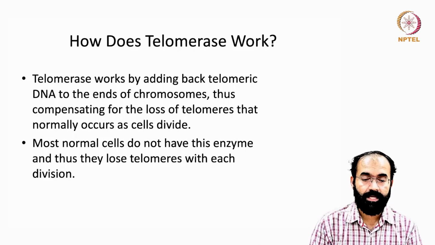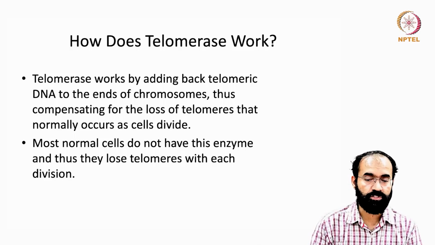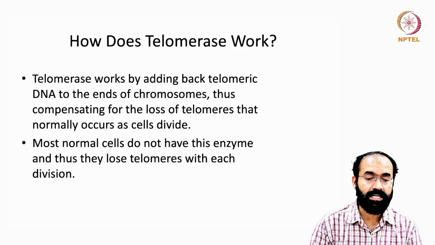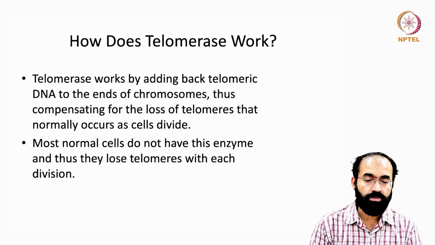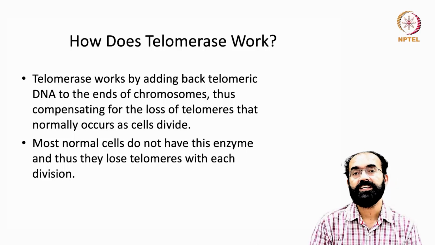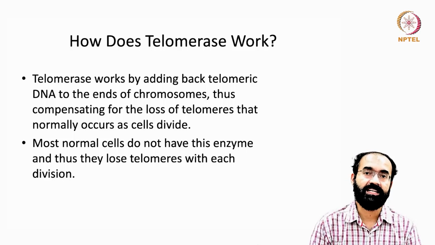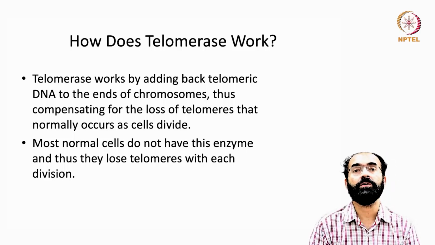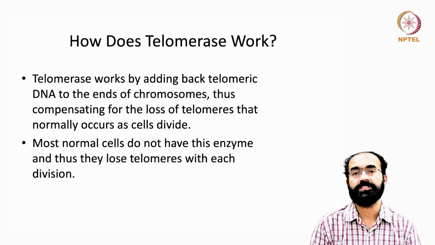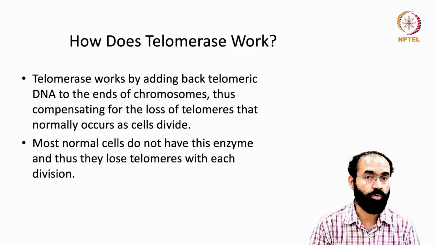So it does its work by adding telomeric DNA to the ends of chromosomes, thus compensating for the loss of telomeres that normally occurs as the cells divide. Most normal cells do not have this enzyme and thus they lose telomeres with each division. We saw in the previous class that around 11 kb long telomeres at the young age, embryonic stage, eventually become 4 kb in the old age.